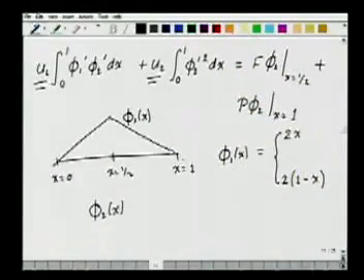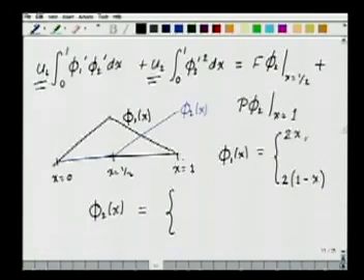Similarly, if I want to define phi 2 of x, if you remember, it is like this. What is the value of phi 2 of x? In the region 0 to half, if you see this line, it is 0.